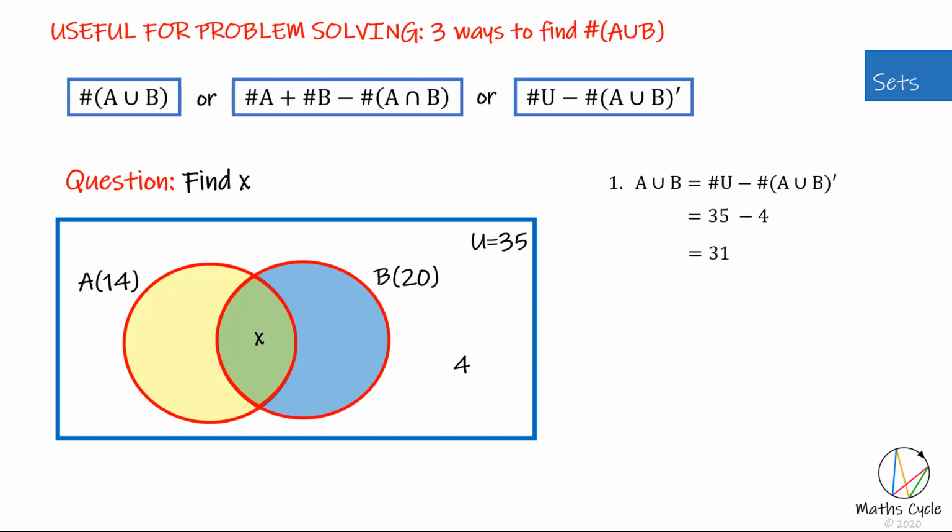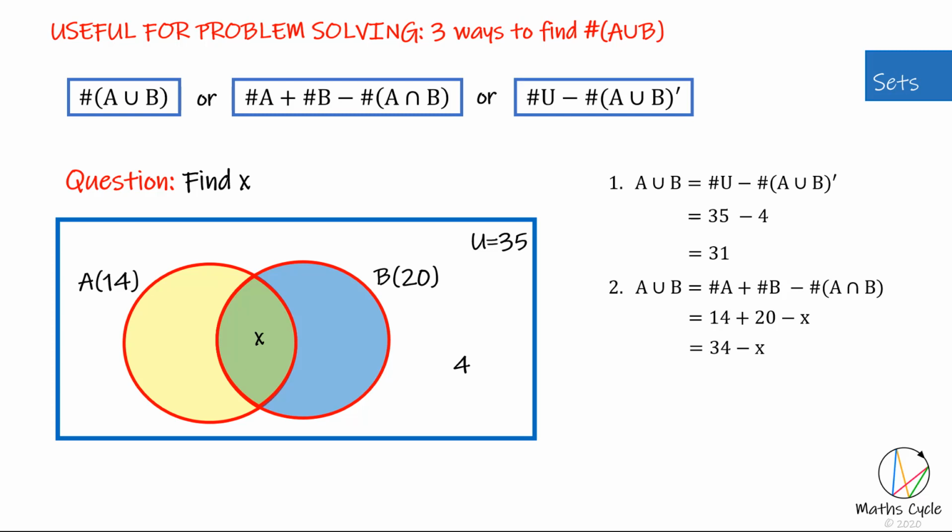Okay, now an alternative way of looking for A union B would be to find the cardinal number of A plus the cardinal number of B minus the cardinal number of the intersection. So that would work out as 14 plus the 20 from B minus the x in the intersection. So adding your 14 and 20, we've 34 minus x.